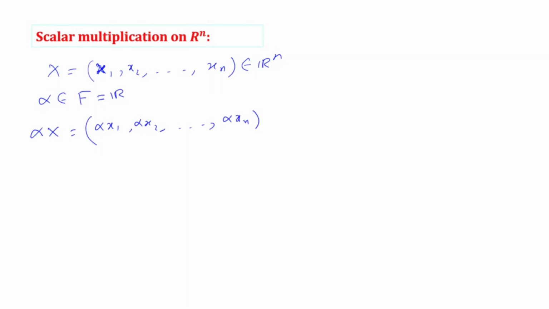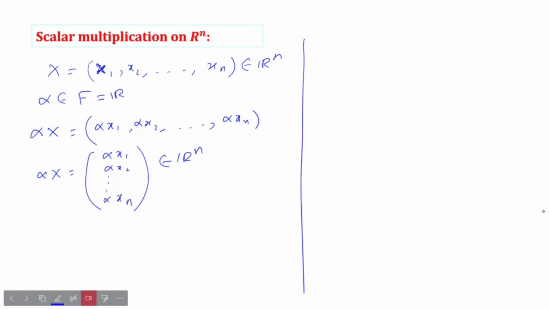That is, each component of the entries of x is multiplied by alpha. If we write it in column form, it is alpha x1 in the first row, alpha x2 in the second row, and then alpha xn in the nth row.